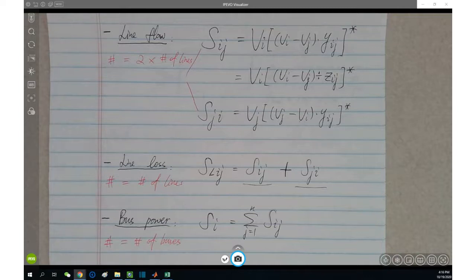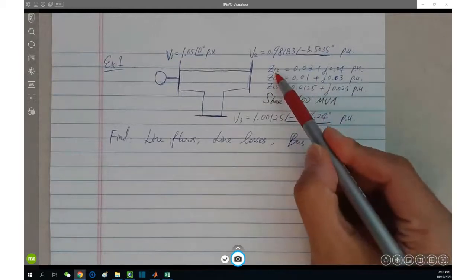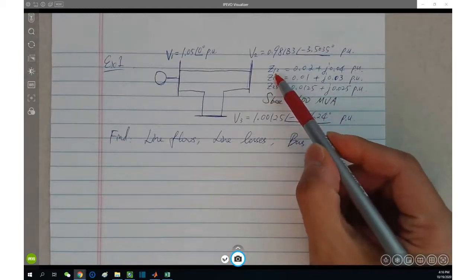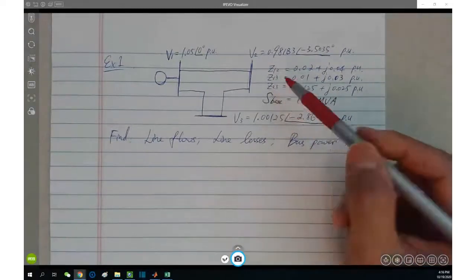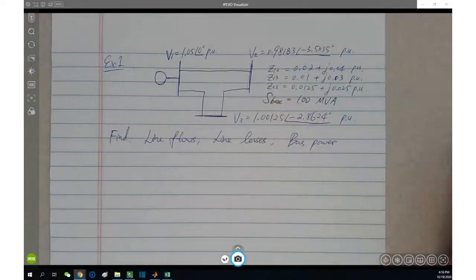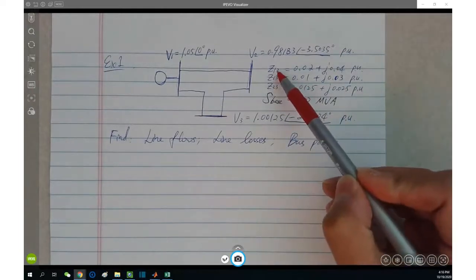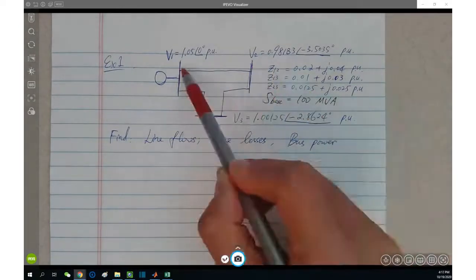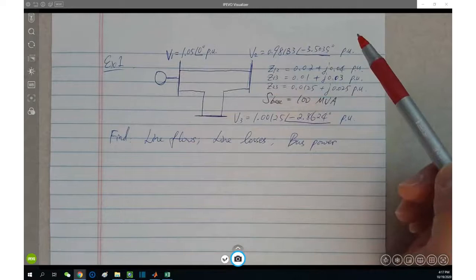No. That's why we have the subscript as the index of the bus. The subscripts 1, 2, 3 here refer to the buses. So 12 means the impedance between bus 1 and 2, which is the line here. 13 means the impedance between bus 1 and 3.